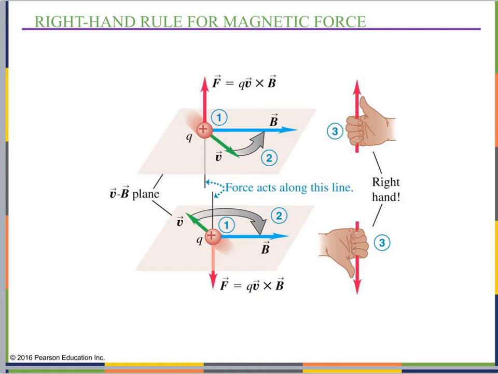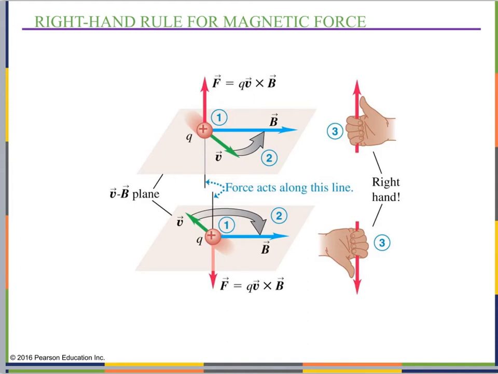So here are some pictures where they're doing the right-hand rule. Again, think about how we would lay our hands along the velocity vector, curl our fingers towards the magnetic field, and the way that our thumb is pointing is going to be in the direction of the force.